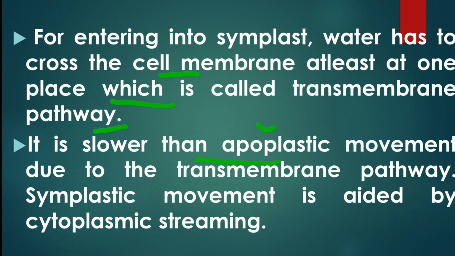It is slower than apoplast movement due to the transmembrane pathway. Symplastic movement is aided by cytoplasmic streaming, because it occurs through the living part of the cell, but in the apoplast the water movement occurs through the non-living part, that is intercellular spaces and cell wall.